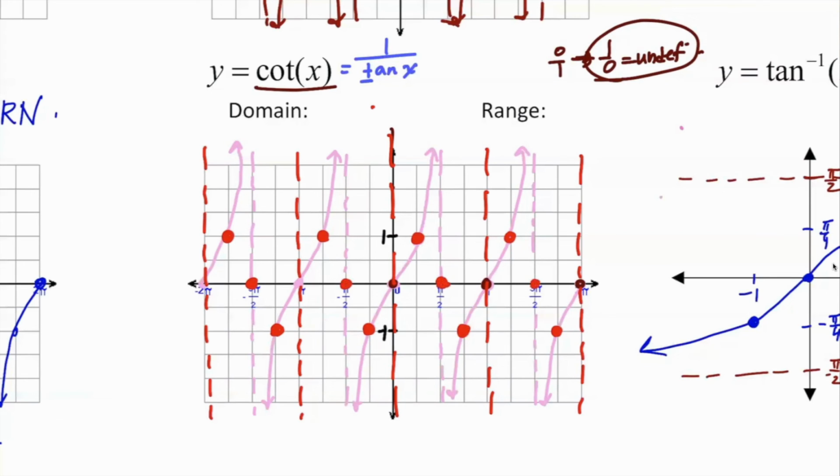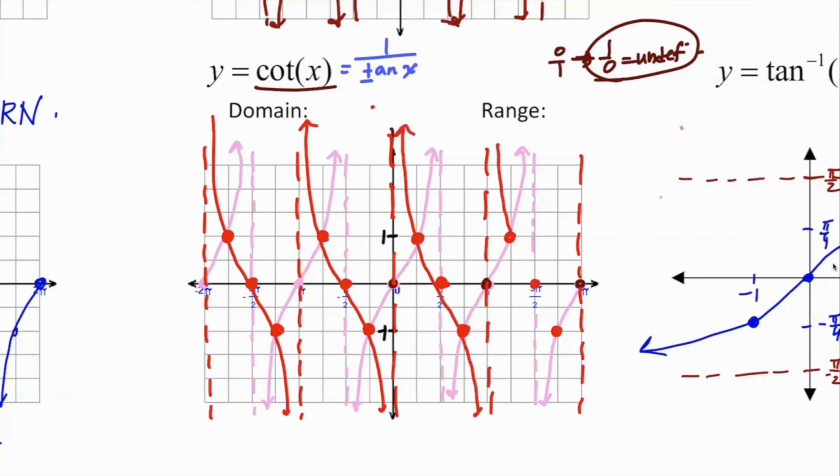If you connect them, now you have a cotangent graph, which looks similar to tangent, but now the left hand is going up. This is the cotangent graph.